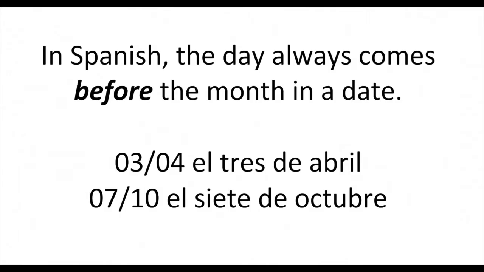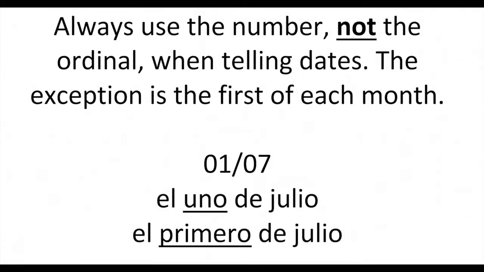By the same token, if you see 7/10, you might think that we are talking about July, but in reality, we are talking about October, because 7 refers to the day, 10 refers to the month. So you would have to say el 7 de octubre.